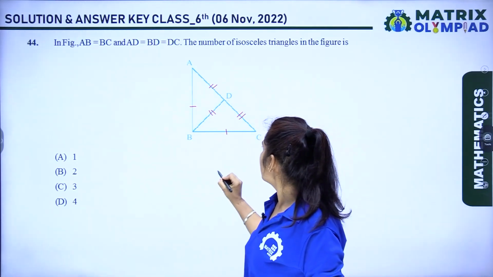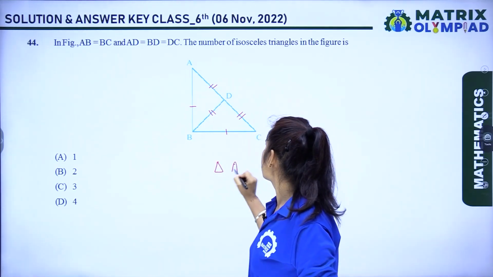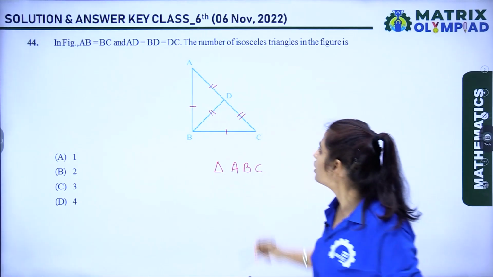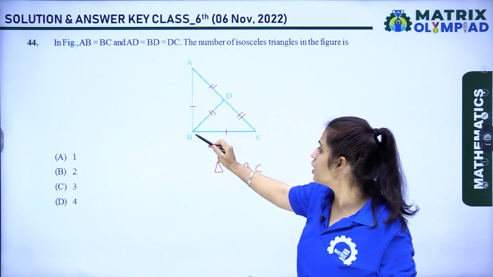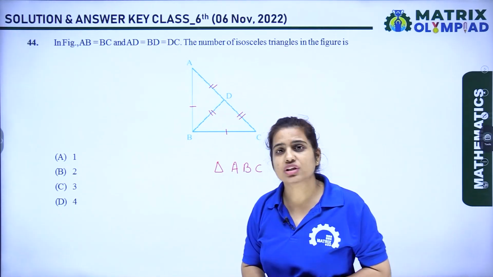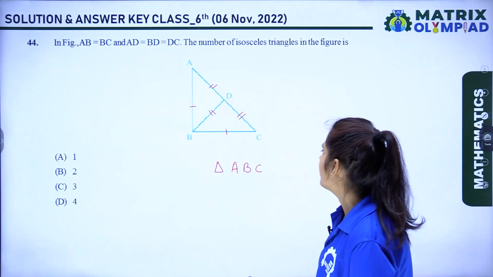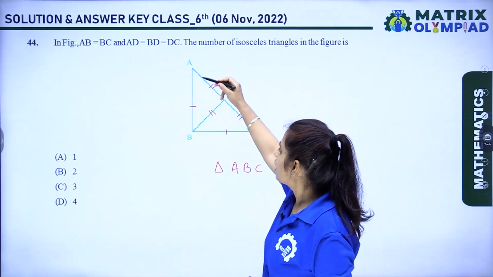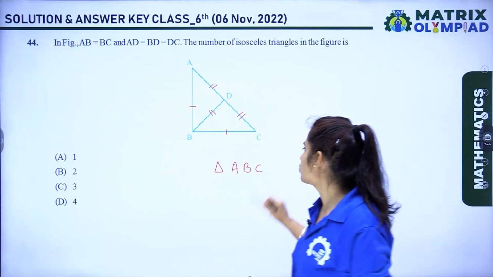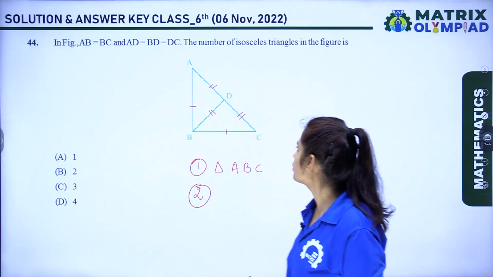So here, the first isosceles triangle is triangle ABC, in which AB is equal to BC. We know that in an isosceles triangle, we need two sides equal. So in triangle ABC, we have AB equal to BC. So this is an isosceles triangle. Now let's find out the second isosceles triangle.